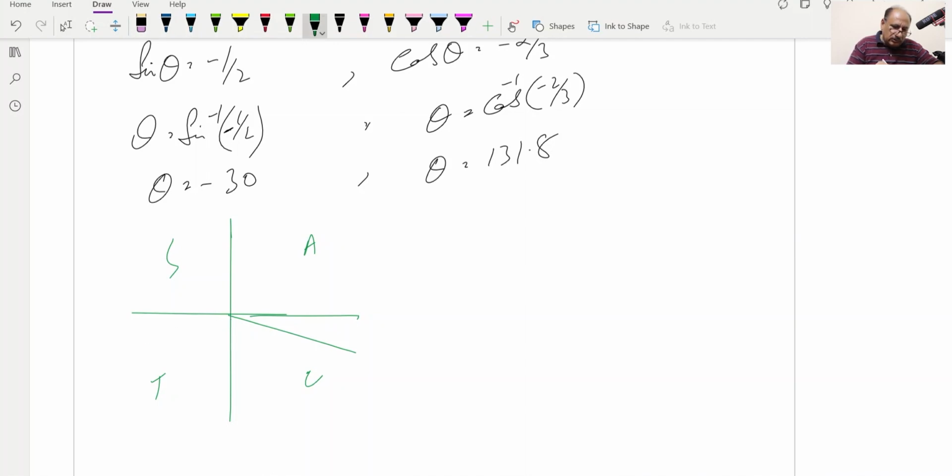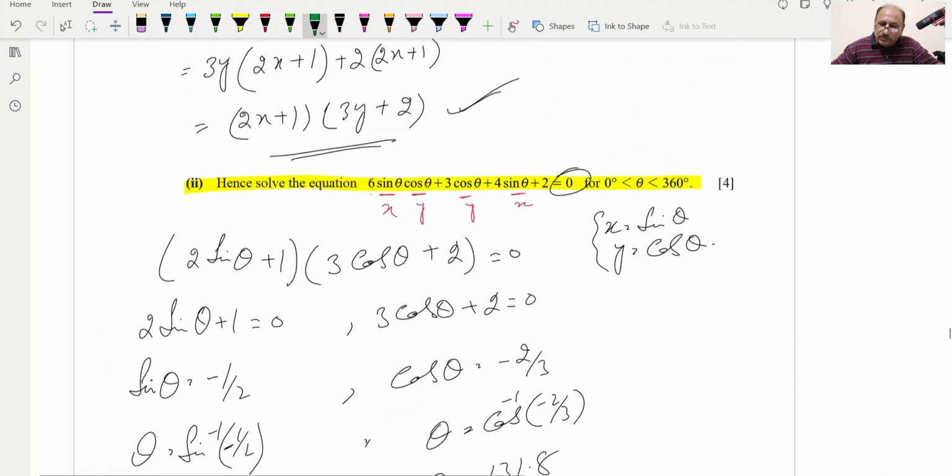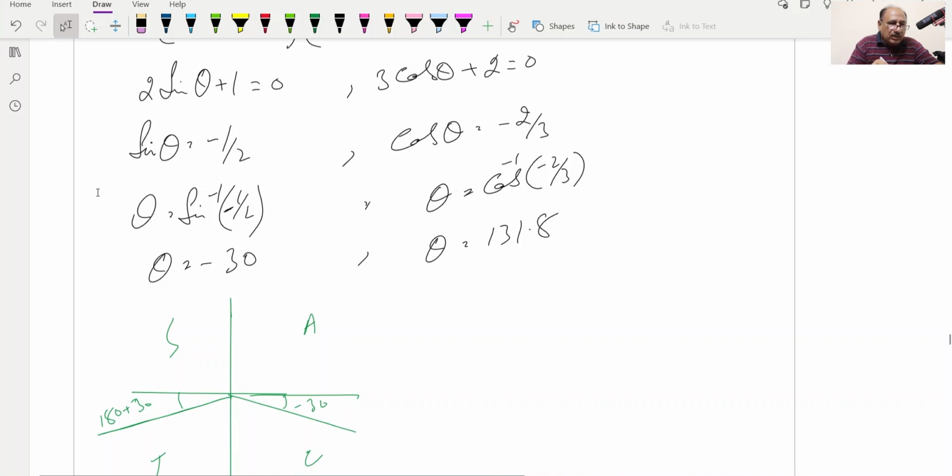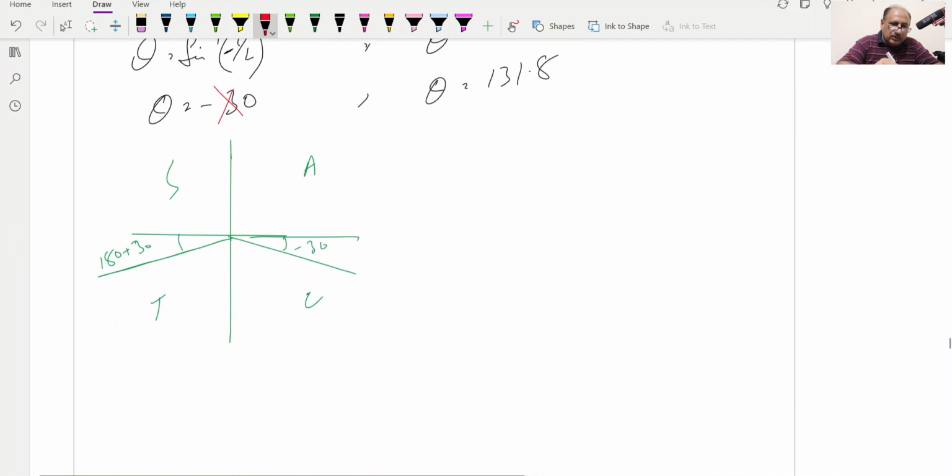So it will be minus 30 over here, and this will be 180 plus 30, which is 210, and minus 30 we can ignore because our range is from 0 to 360. So we will not be taking the minus 30 value, but we can take other values, for example 210, and 360 minus 30 also we can take, which is 330.